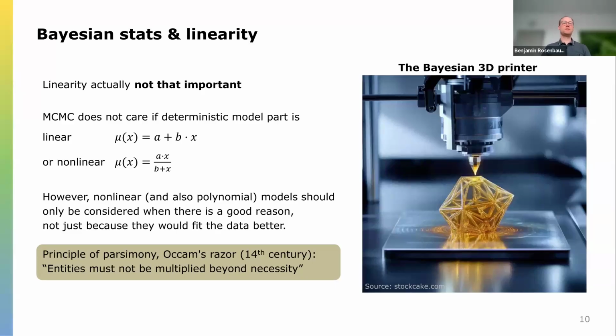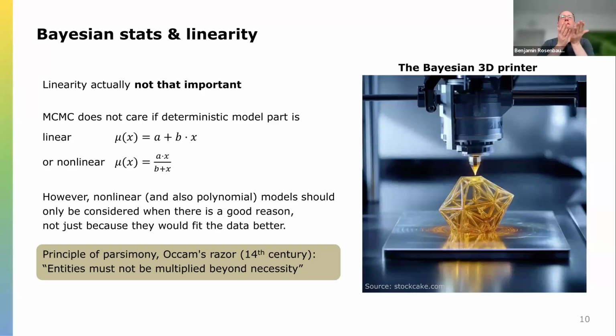There's the classical principle of parsimony, also called Occam's razor, a very old scientific concept from the 14th century, and the literal quote goes, "Entities must not be multiplied beyond necessity." And this also means that you shouldn't go fancy with your models or with the deterministic part of the model if you don't have a reason.